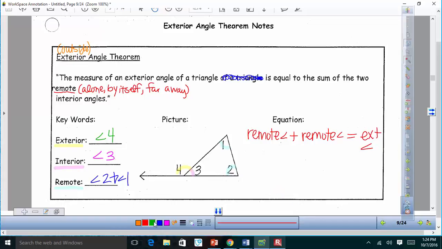Okay? If we were looking at this triangle, that would mean that angle 1 plus angle 2 would be equal to angle 4. Okay? It's a very easy, simple principle. So let's try some.